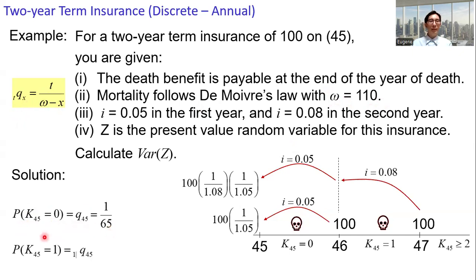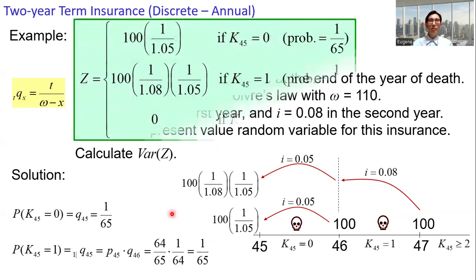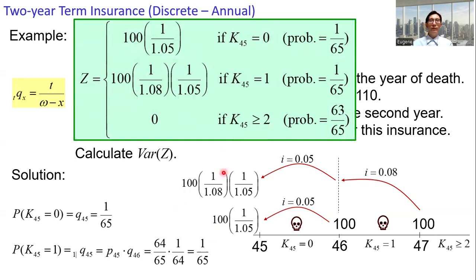And then the probability that K45 equals 1, 1 bar q45, which is p45 times q46, is again 1 over 65. This is due to the De Moivre's law mortality model. All right, so we have the PMF of Z.